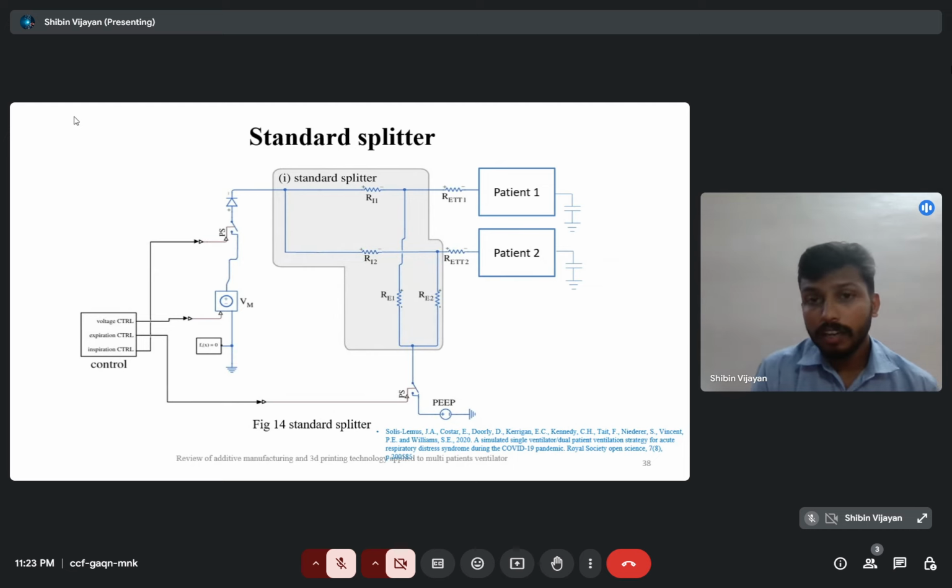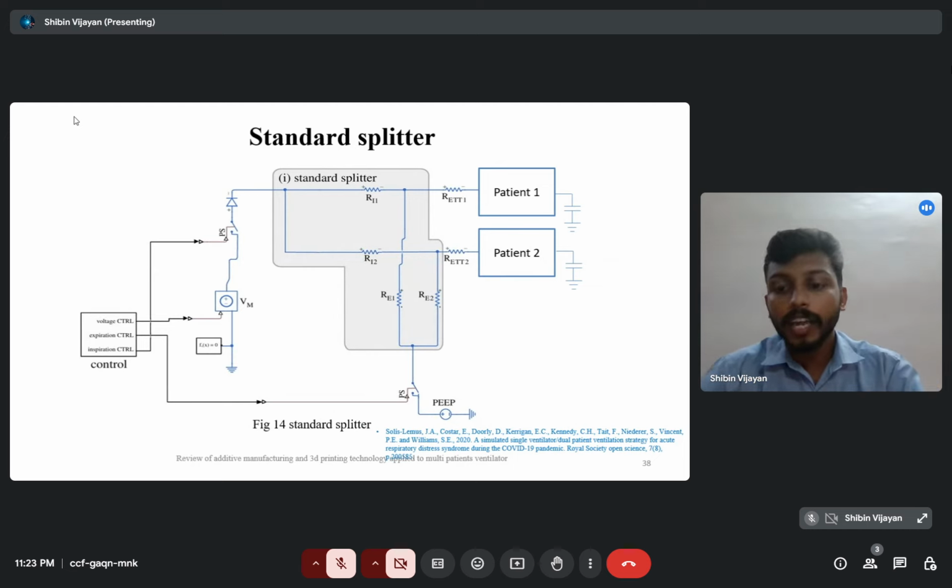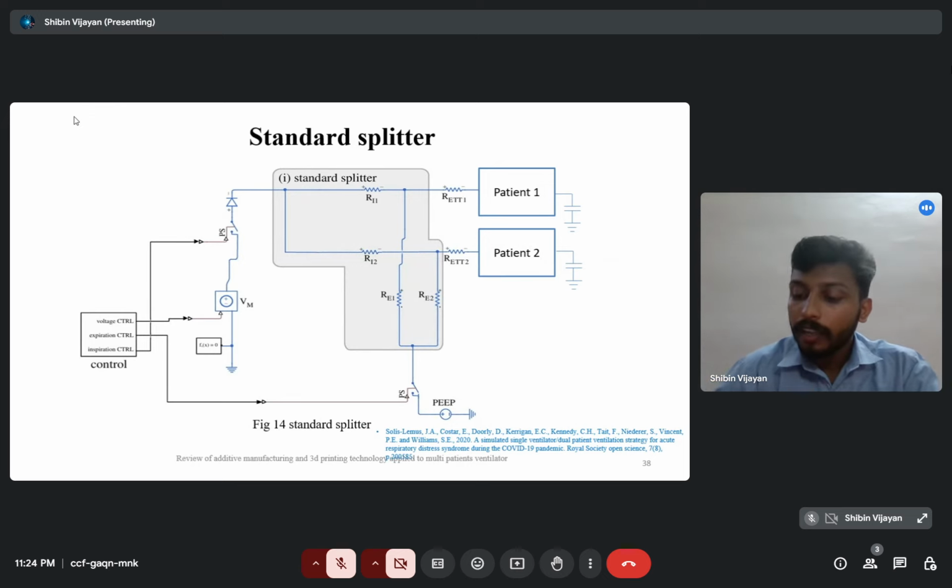In the USA, this was widely debated, and the disadvantages were raised by the Society of Critical Care Medicine, the American Society of Respiratory Care, the American Society of Anesthesiologists, the Anesthesia Patient Safety Foundation, and the American Association of Critical-Care Nurses. The joint statement was prepared in 2020, and multiple problems were identified.